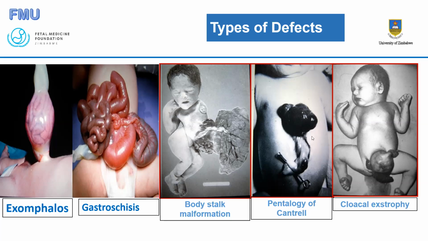Then cloacal exstrophy: the defect is a little bit down there, so that it involves the bladder area. The bladder may not be seen, or it may be seen protruding into the sac. So this is down below, and this defect tends to affect the genitalia. I'll be describing these conditions in detail.